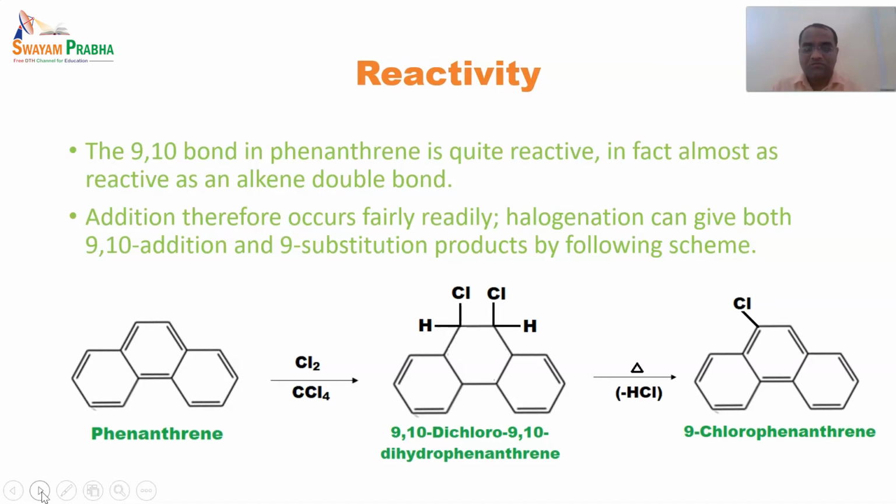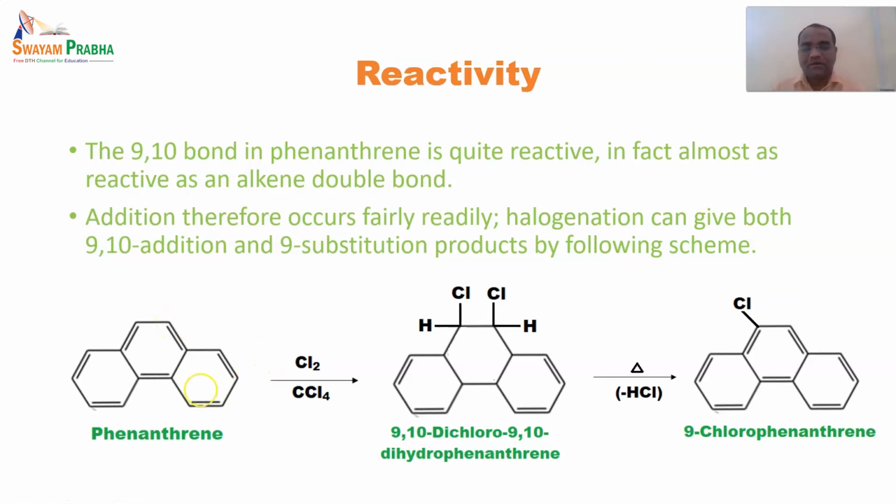And now the question comes to mind, why are the 9 and 10 positions most favorable for reactivity rather than alpha beta positions or 1, 2 position or any other position on the ring. The reason is that whenever carbocations are formed, these carbocations have many resonating structures compared to other carbons, and this is why the 9 and 10th position is quite reactive compared to other positions.